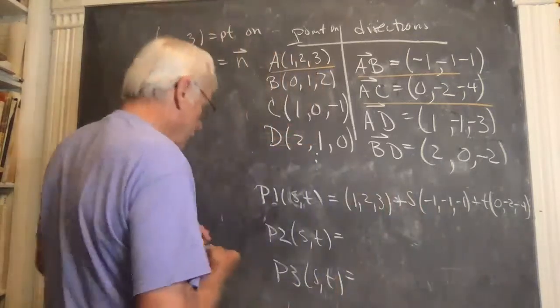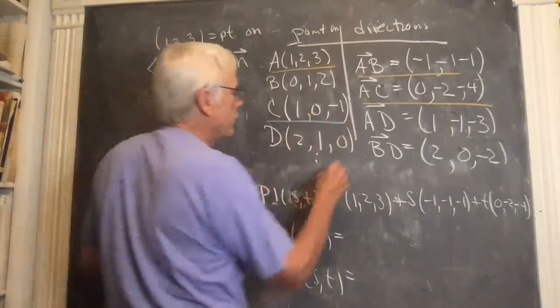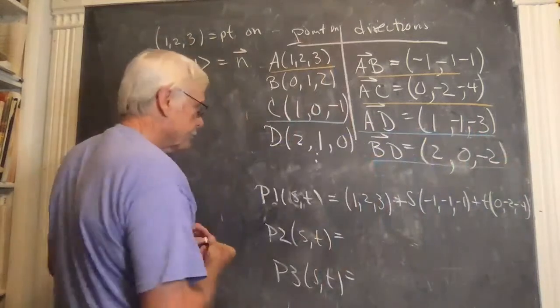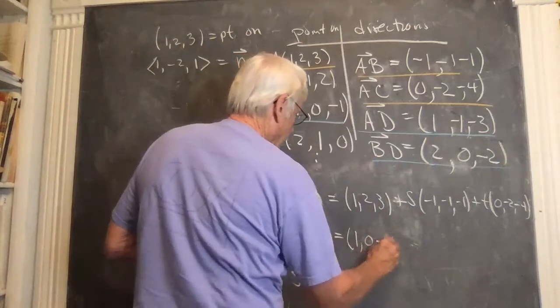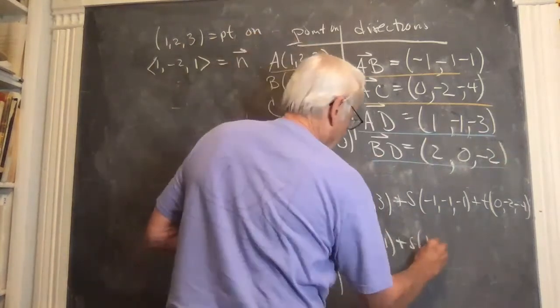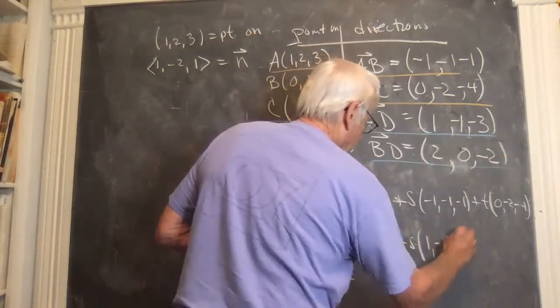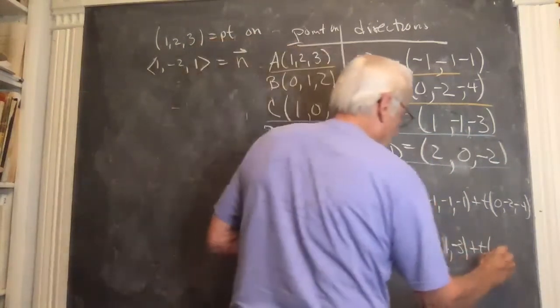The second one, let's see, let's use this point and these two directions. So 1, 0, minus 1, plus S times 1, minus 3, minus 1, minus 3, plus T times the second one, 2, 0, minus 2.